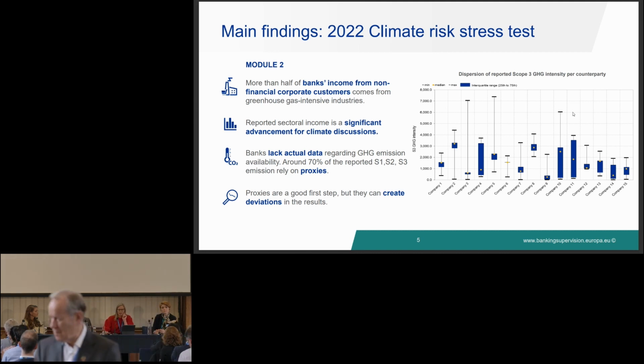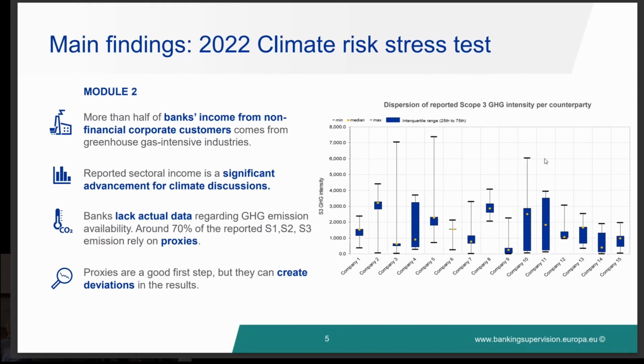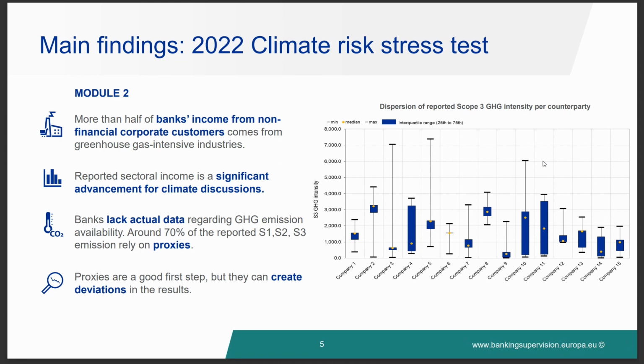On module 2, that was really what are the exposures of banks. We found that more than half of banks' income from non-financial corporate customers comes from greenhouse gas intensive industries. Well, basically, this is probably a reflection of the real economy, right? So that's where we see where the big changes need to be made. We reported sectoral income as a significant advancement for climate discussions.